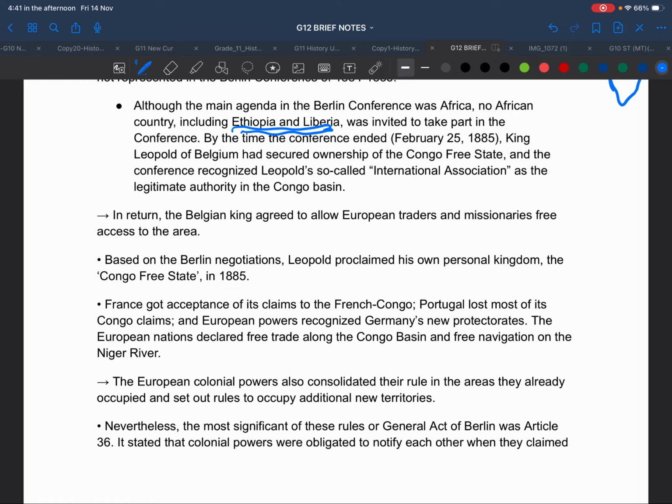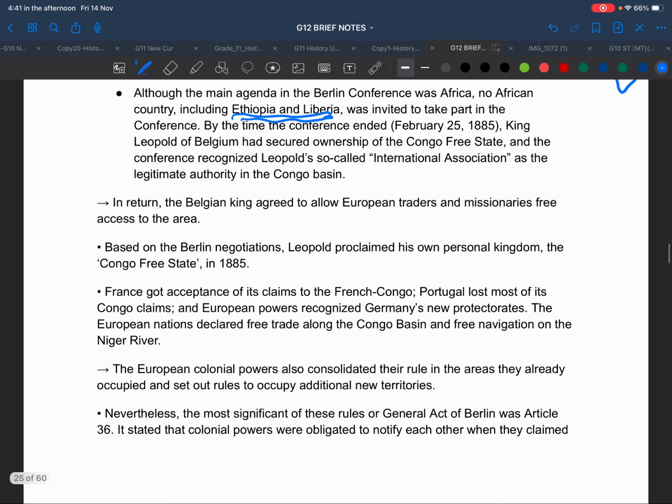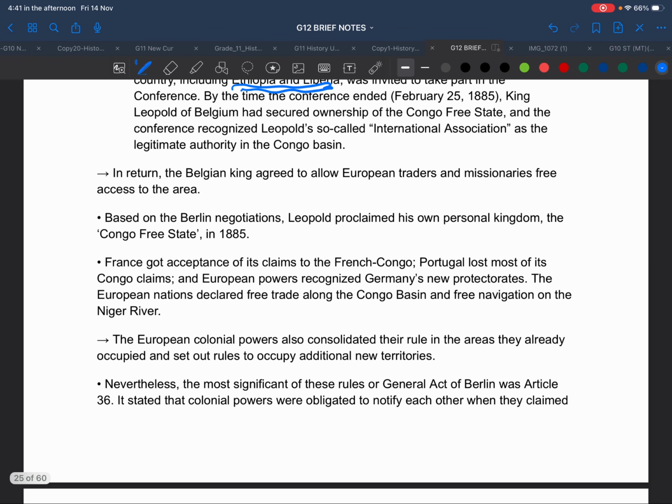By the time the conference ended, King Leopold of Belgium had secured ownership of the Congo Free State, what's called today DRC, Democratic Republic of Congo. The conference recognized Leopold's so-called International Association as the legitimate authority in the Congo Basin. Actually, Congo Free State was not a Belgian colony.